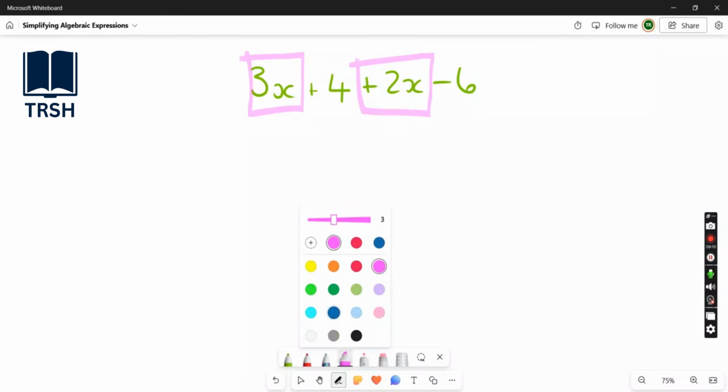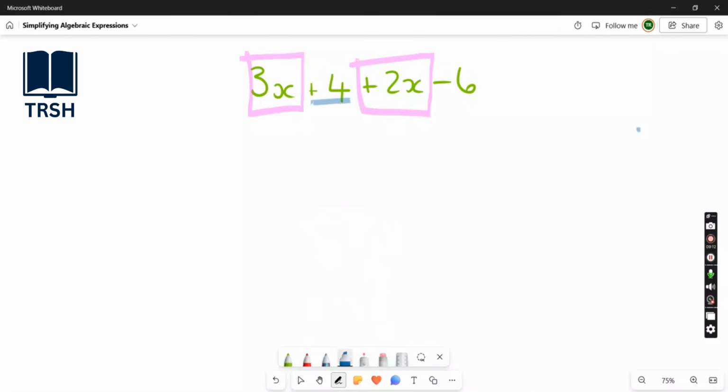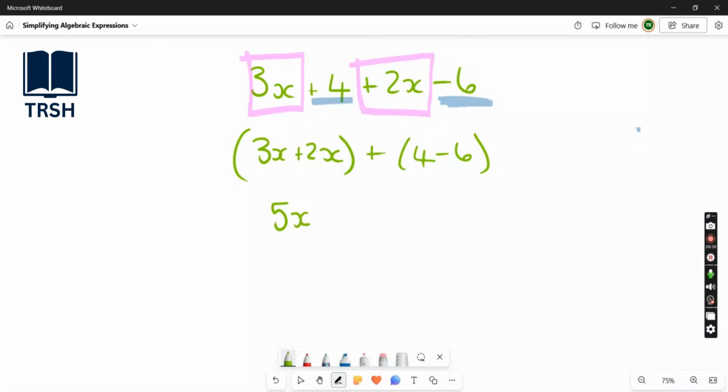Then our next pair is positive 4 and minus 6. They both don't have any variables. They're just numbers, so they're considered like terms. So we can now group everything. That's 2x, and then we can group our 4 minus 6. If we start with the first group, 3 plus 2 will give us 5x.